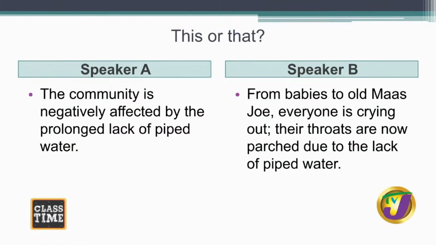Just saying that they're affected by the lack of piped water, or telling you that everybody from the baby to the oldest man is bawling out, their throats are now dry from both the crying and the lack of water. So right there, Speaker B has grossly exaggerated and emphasized the desperation these people probably feel.